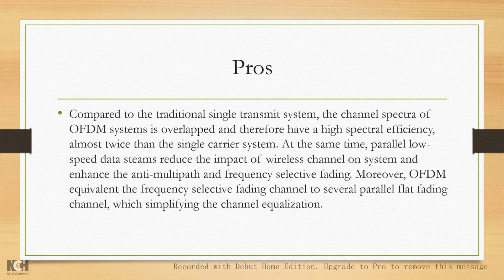At the same time, parallel low-speed data streams reduce the impact of the wireless channel on the system and enhance the anti-multipath and frequency selective fading. Moreover, OFDM equates the frequency selective fading channel to several parallel flat fading channels, which simplifies the channel equalization.